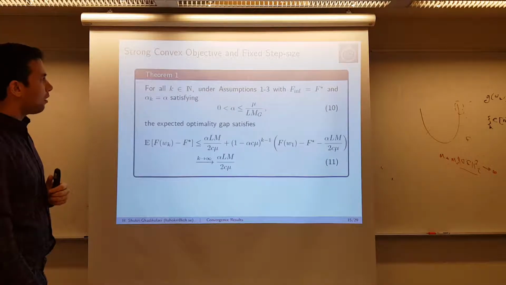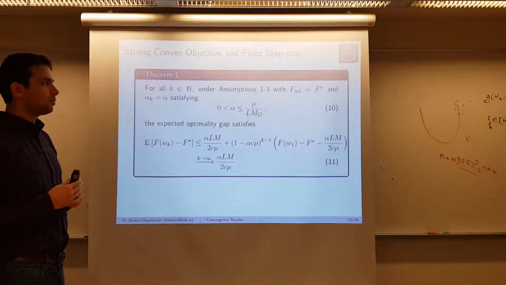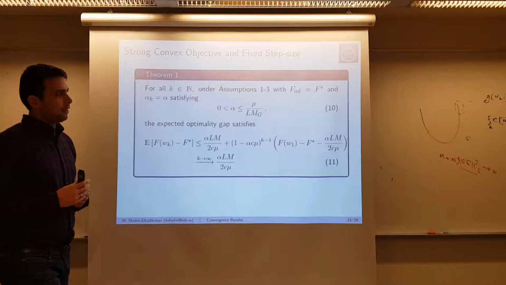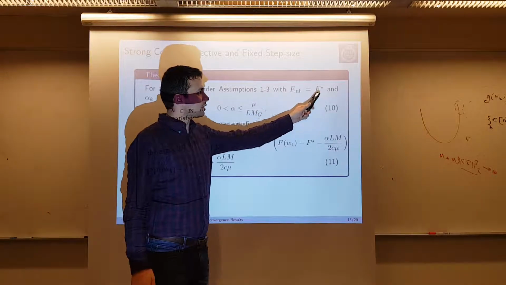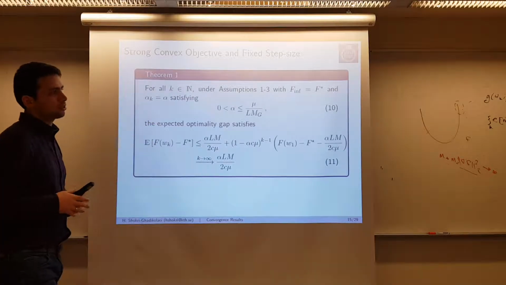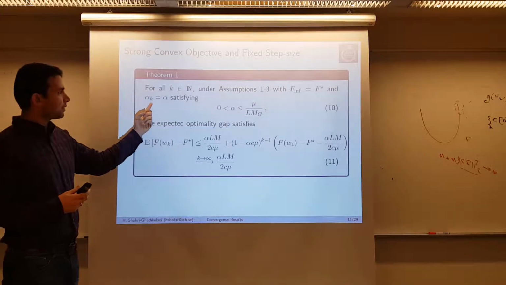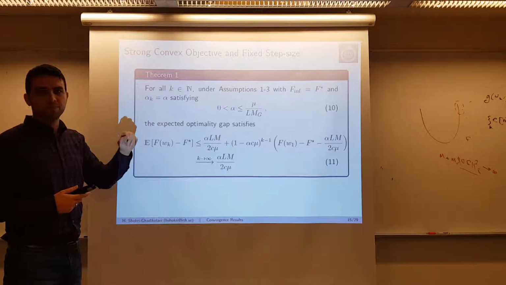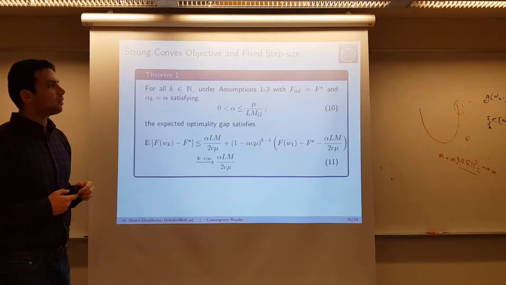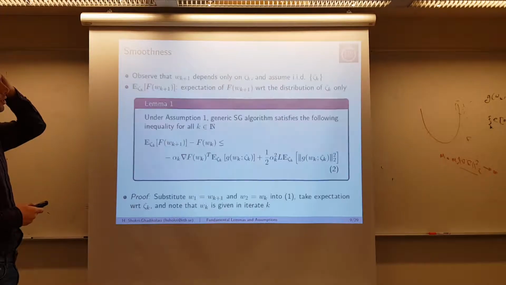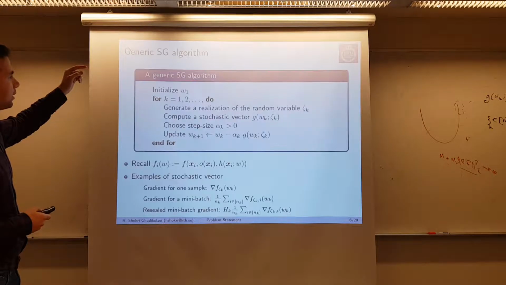So it says that for all k, under assumption 1 to 3, and assuming that f inf is f star, f at w star, and alpha k equal to alpha. Sorry, what was f-inf? F-inf was the first assumption, assumption 2, I guess.